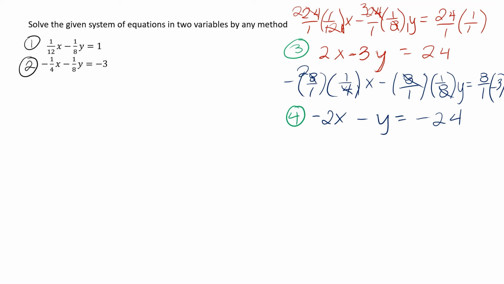3 and 4. So what I want to do is use either substitution or elimination. Well, I notice I have a negative 2 and a positive 2 with my x's in my two equations. So I'm going to use those to cancel out and solve for y. I'm going to do that over here, in green.